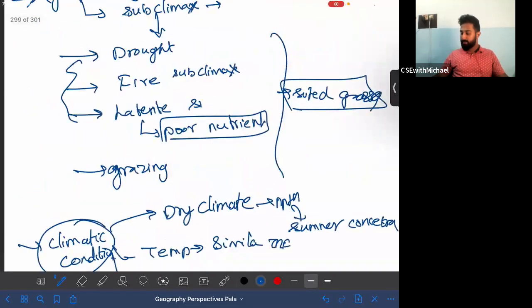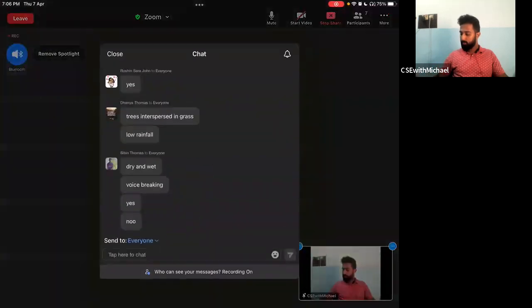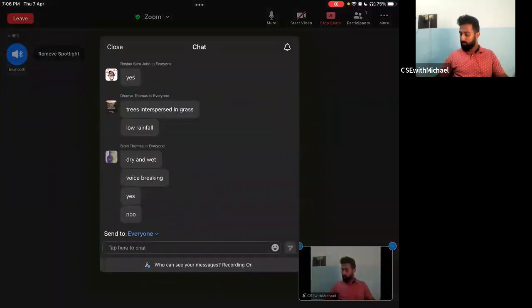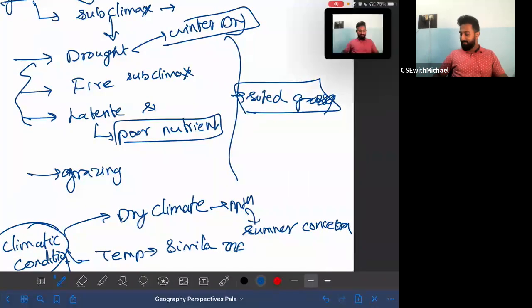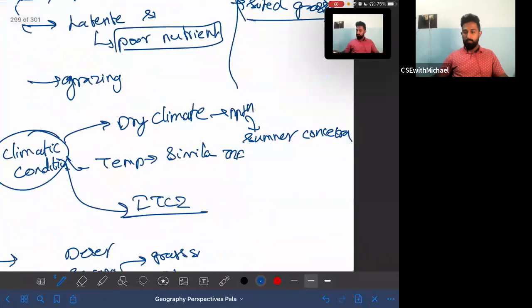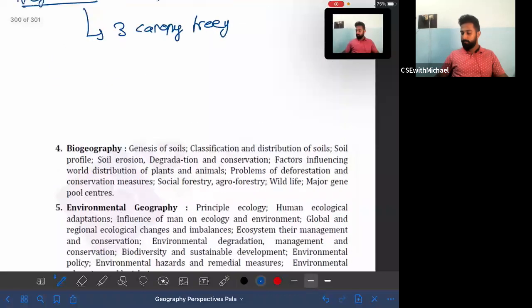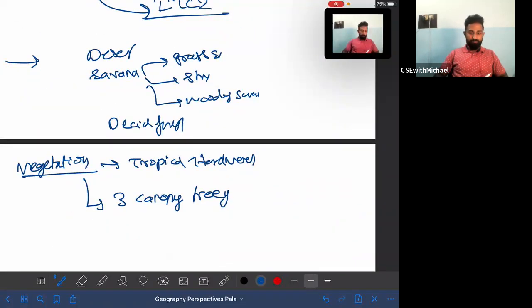Now, if you talk about the climaxes again, few things: drought, winter season, very dry.